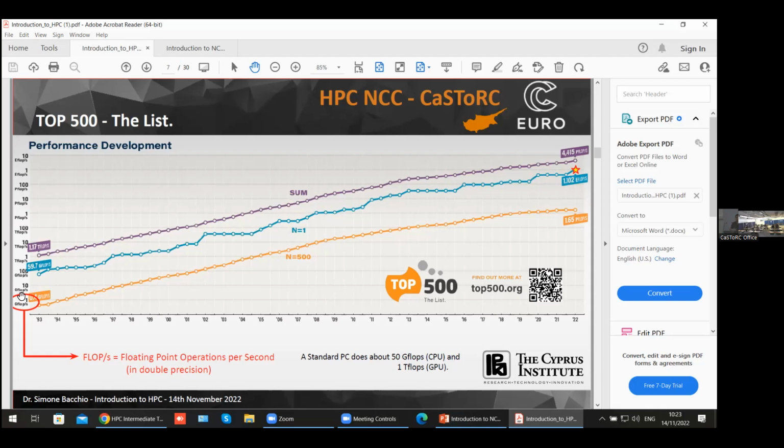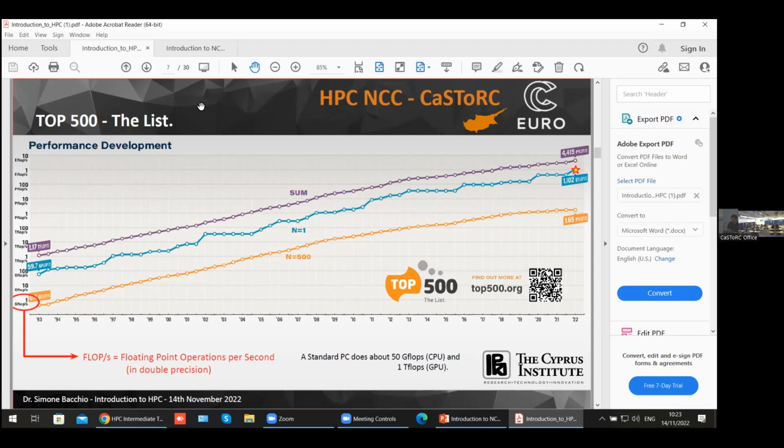So you have gigabytes. Giga are thousands of mega, and then after giga you have teras. Teras are thousands of gigas. After tera you have petas, that are thousands of teras, and then you have exa, that are thousands of petas. So on this scale, every line is an order of magnitude. So we start from 1 gigaflop and we arrive to 1 exaflop.